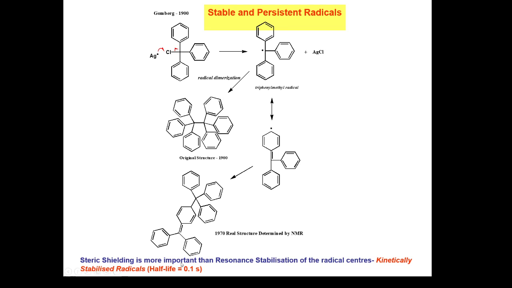And what they found out is that actually the steric hindrance of trying to bring these together played a more important role than even the stability of the benzene ring.